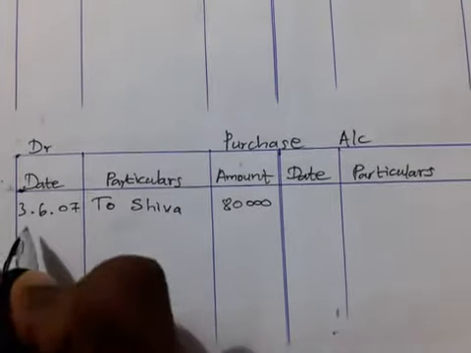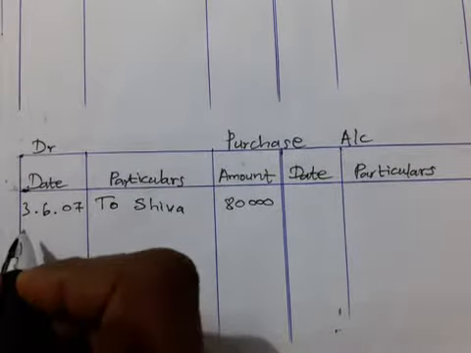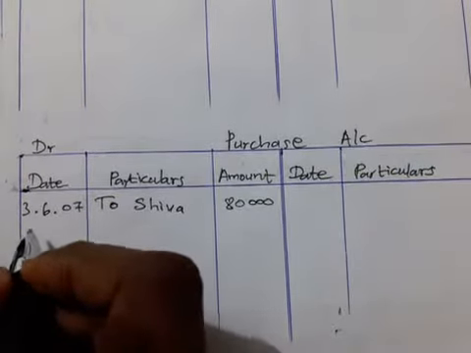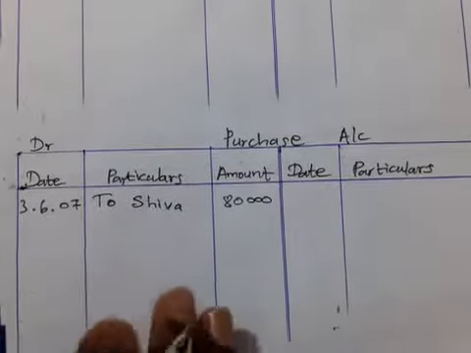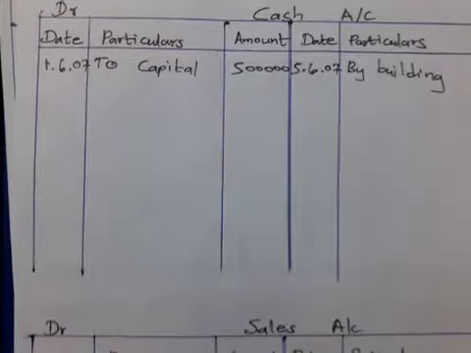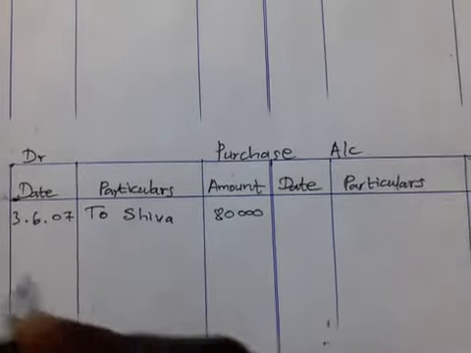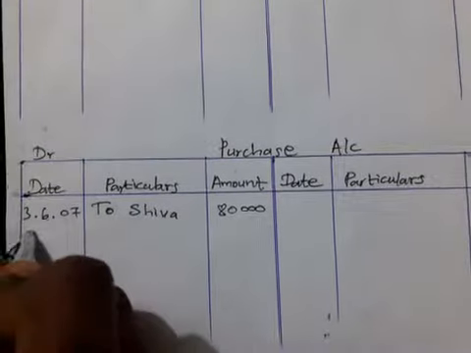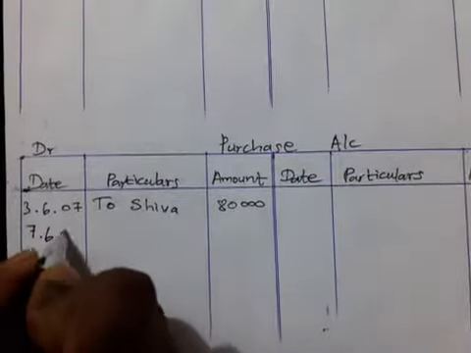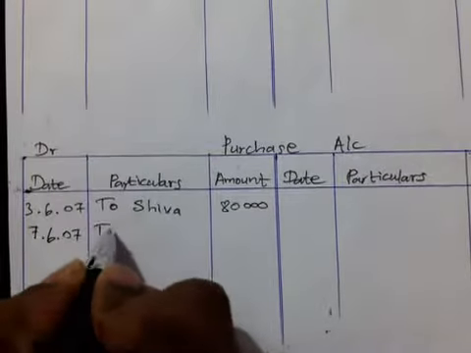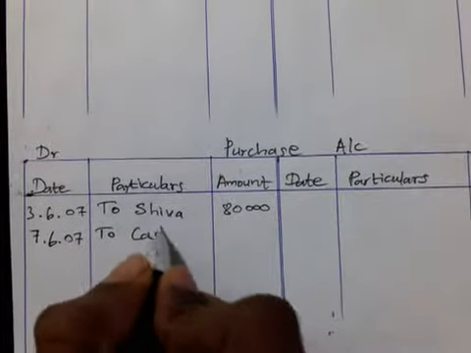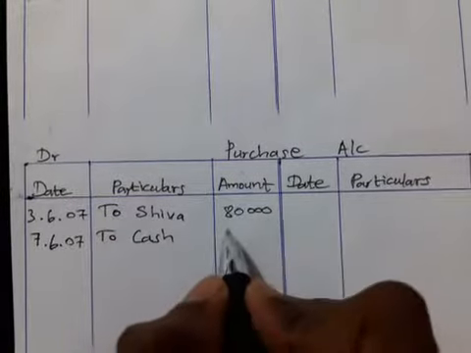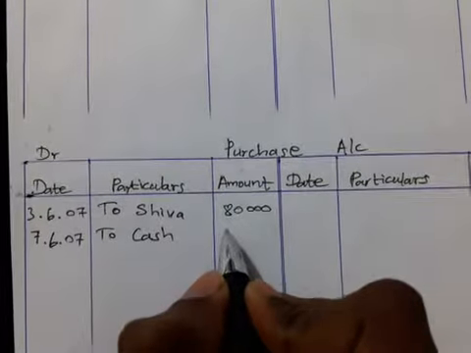So when it increases, we have to record in the debit side. Cash purchase, on 7th of June, goods purchased for cash 70,000.